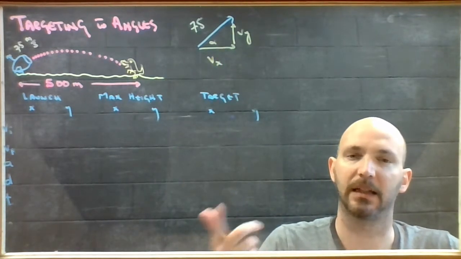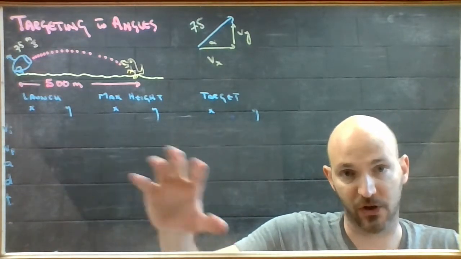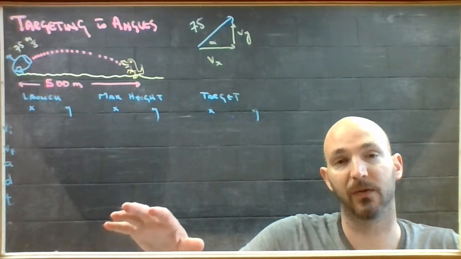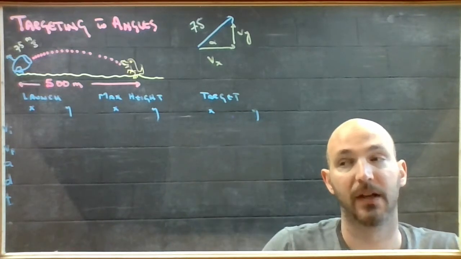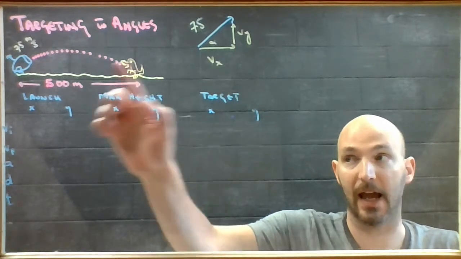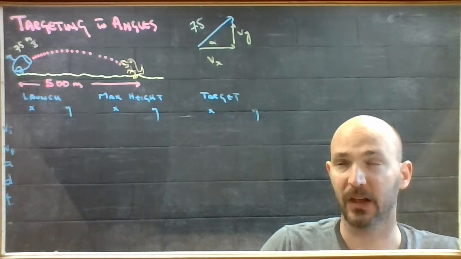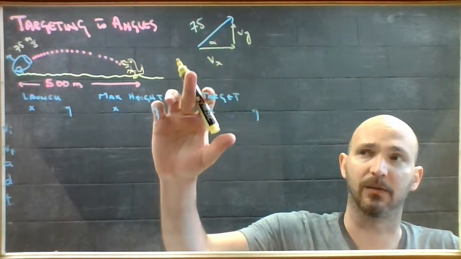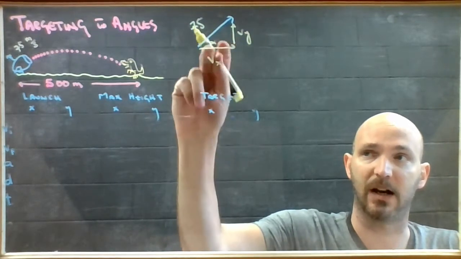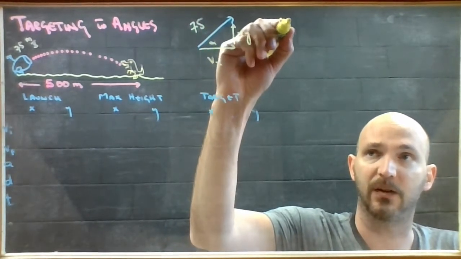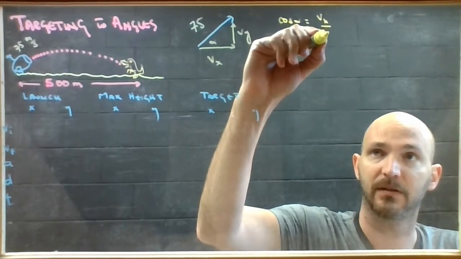So like we did in the last one, I'm going to have an alpha that goes through my chart, and I'm going to have to find some sort of relationship between alpha and time in these two columns in order to calculate the angle of launch that will actually hit this poor creature. So looking at this little arrangement here, x is adjacent to the alpha, so cos alpha then would be Vx over 75.